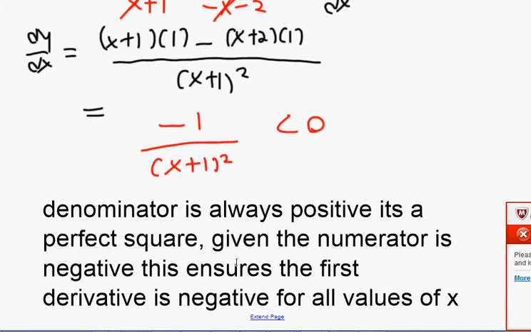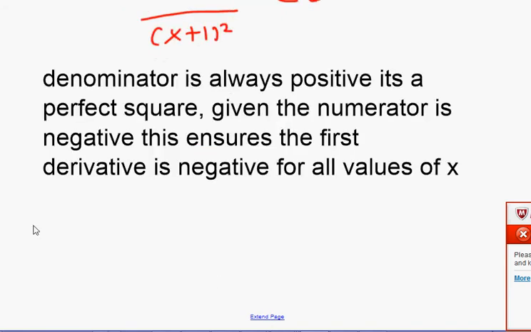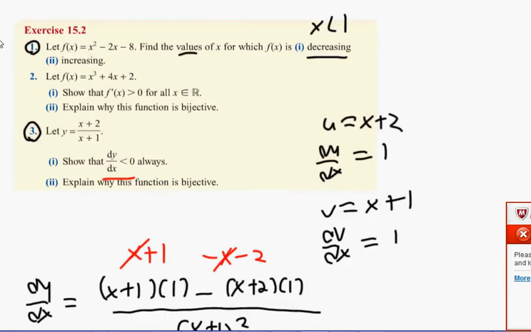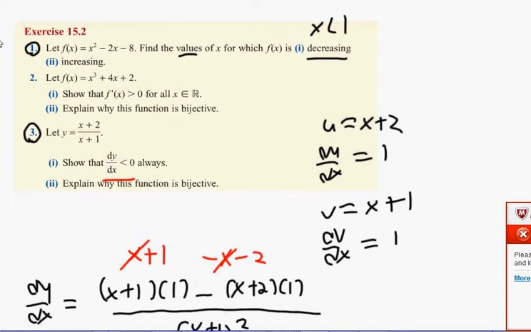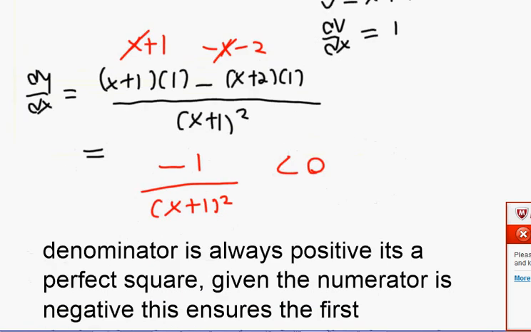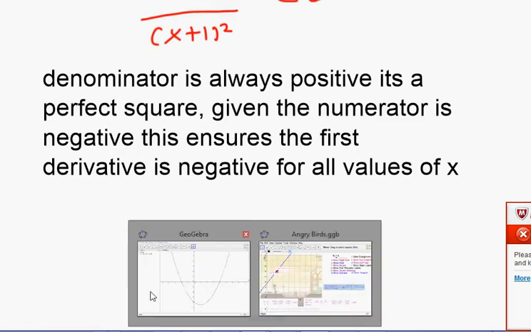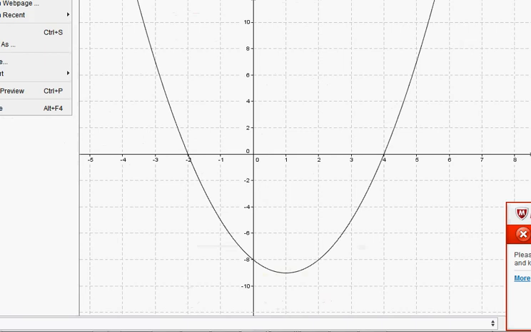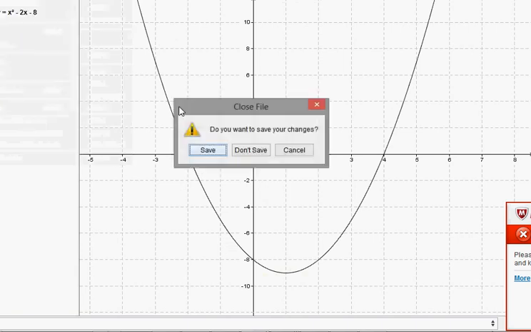Okay, now what's the next part? Explain why the function is bijective. Okay, now if I was to draw this curve, it helps me visualize it, or a quick sketch.